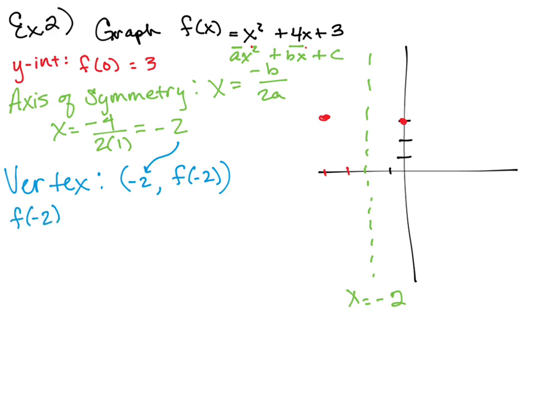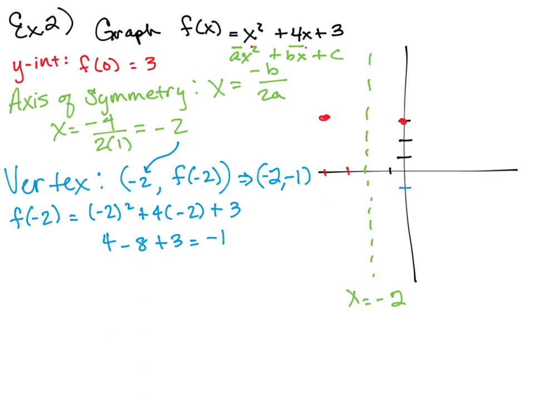Okay, and this is the part where I'm going to allow you to have a calculator here. That's a lot of handwork that we don't necessarily have to do here. We're going to have 4 minus 8 plus 3. I believe our output is negative 1. Is that right? So our vertex is going to be located at negative 2, comma, negative 1.